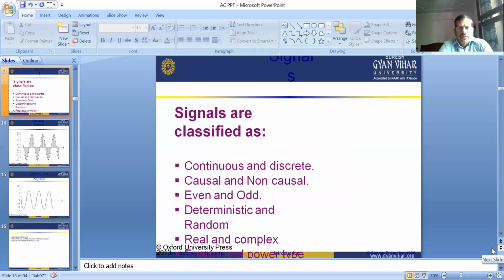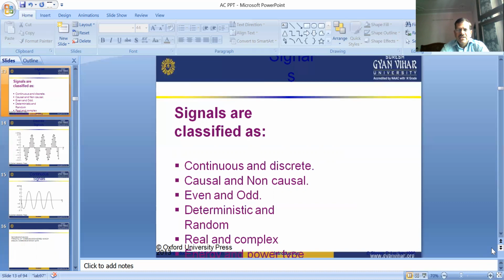We can classify signals in different forms, such as continuous and discrete signals. Continuous means analog signals, where the value of voltage or current varies with time. The next one is the discrete signal.